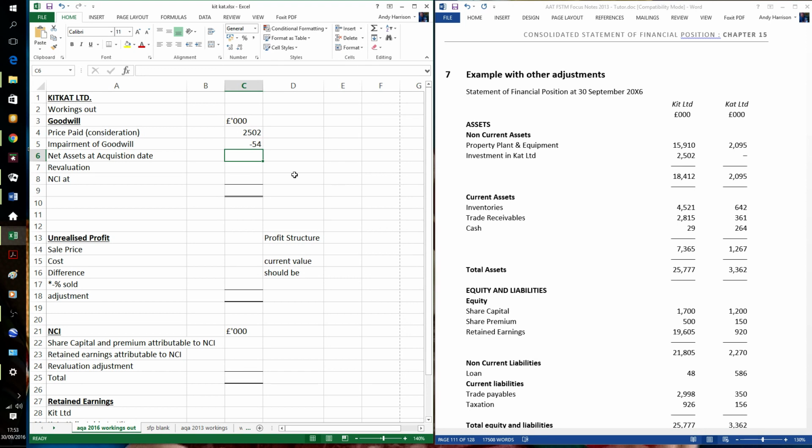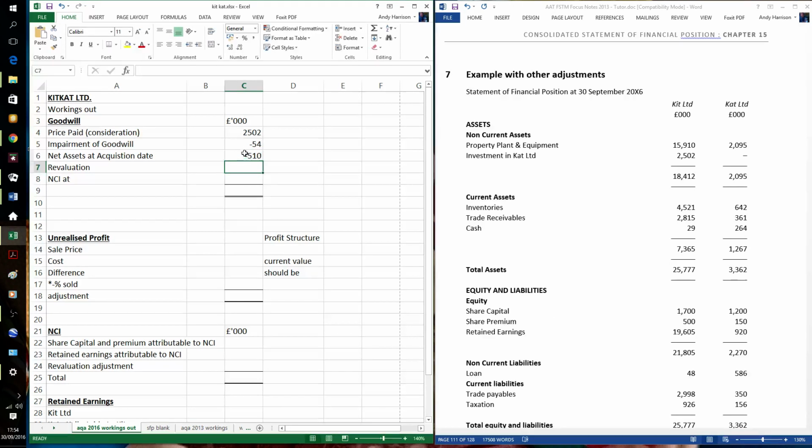However, what we're interested in is what the company was worth at acquisition date. We're not worried about the 80%. We're going to put the whole amount in. Well, 1200 plus 150 is 1350, but it's not the 920, it's the 540. So 1200 plus 150 plus 540.